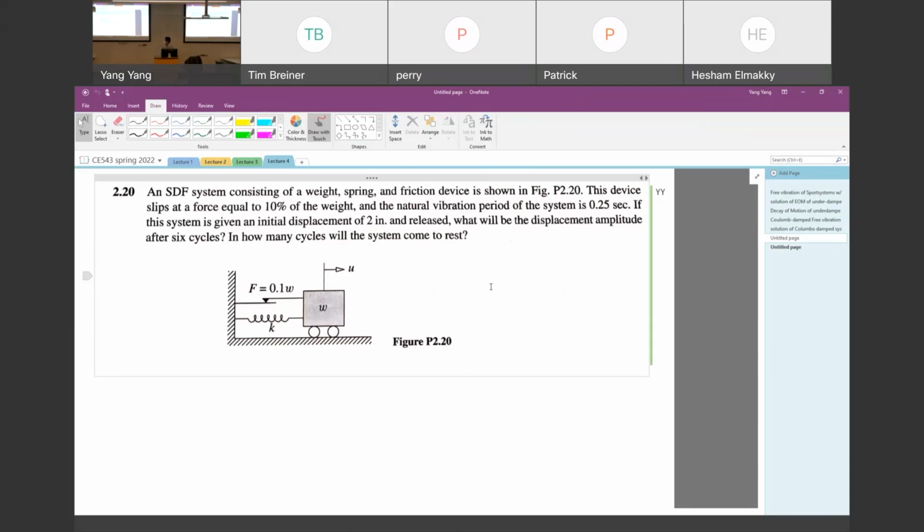So if we use a 2-inch displacement, we induce the initial displacement of 2 inches.